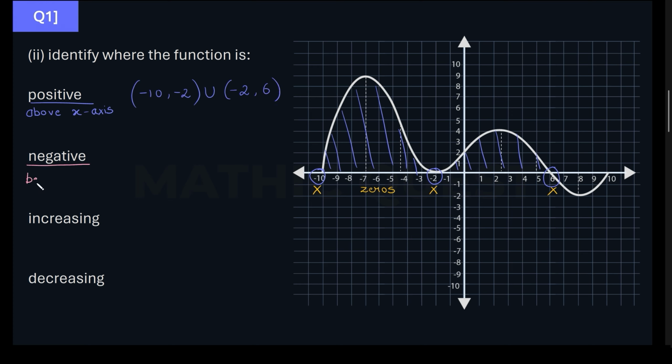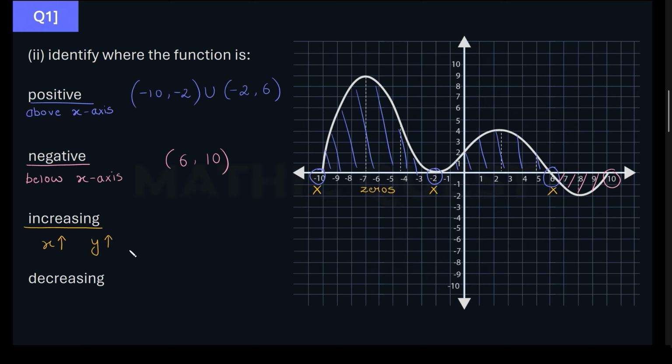For a function to be negative, the graph should lie below the x-axis. So that's right here, from 6 to 10. Alright, next we need to identify where the function is increasing. We say that a function is increasing if y increases as x increases.